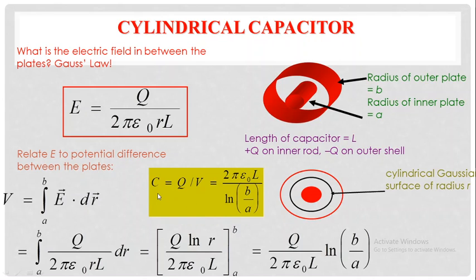So finally the capacitance for a cylindrical capacitor, Q upon V, is 2 pi epsilon naught L divided by ln of B by A. This is the equation of C for a cylindrical capacitor.